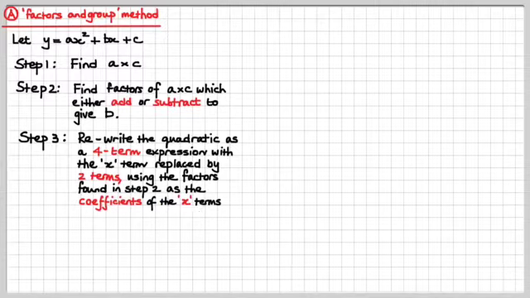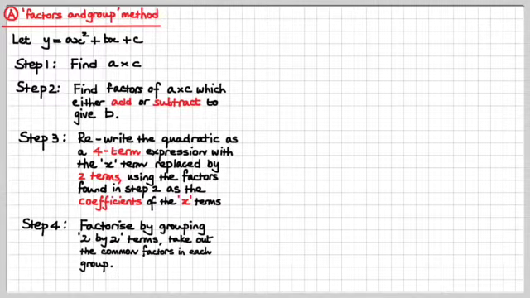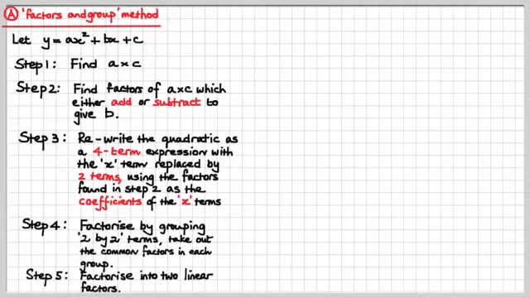That doesn't sound very easy to understand as it is, but just hang in there, I'll show you. Step 4, we factorise by grouping 2 by 2, and then we take out common factors in each group, and then that gets us the final result when we factorise one more time. Don't turn me off.